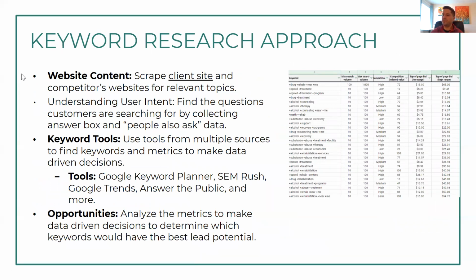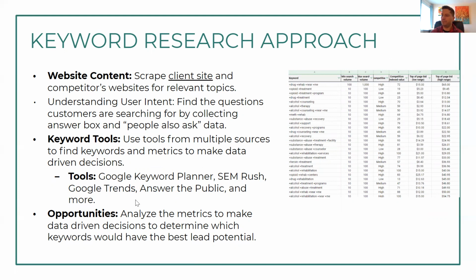So the keyword research approach, the research side of things, is very important when you're putting together ideas for a paid search campaign. One thing we do is we'll scrape the client's site and look for relevant topics, look for what their main goal is based on what we see on the site.